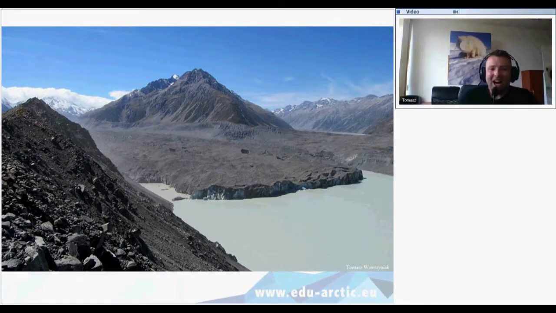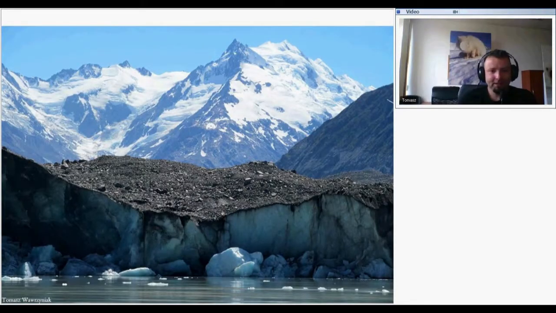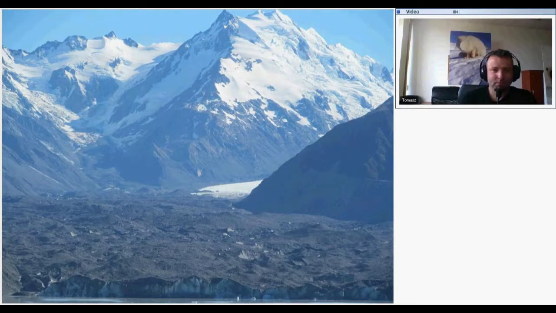You can see how much material can be transported, and this material can even insulate the glacier underneath it. In the case of this glacier, there are lots of rocks that now prevent faster melting because of the insulation of these rocks above the glacier. But it's still not enough to prevent its melting.